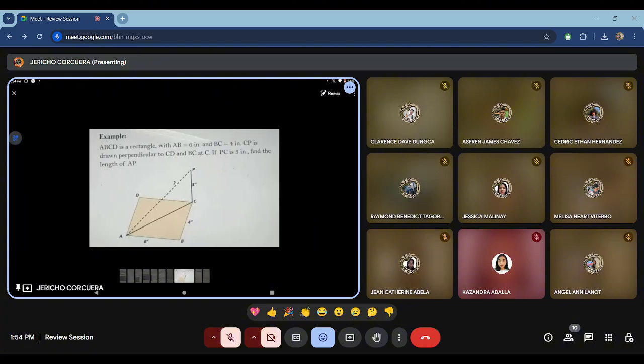Ayan. So this is another problem. We have here a problem that ABCD is a rectangle with line AB is 6 inches and BC is 4 inches. CP is drawn perpendicular to CD and BC at C.